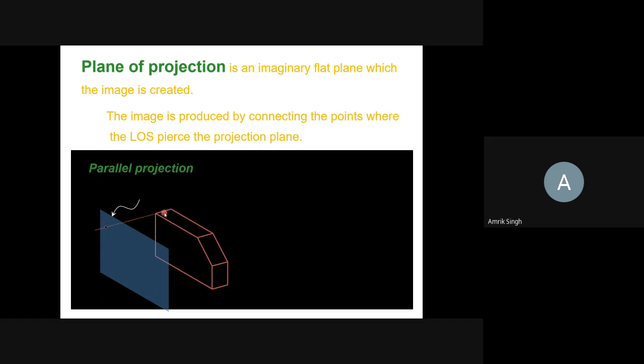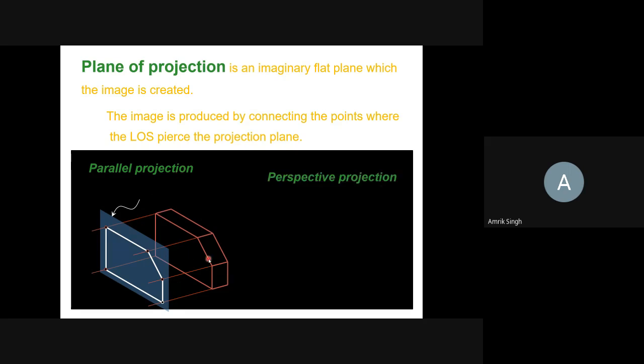When the line of sight starts from each point, and we join these points one by one, we get this view. So this method is the parallel projection.